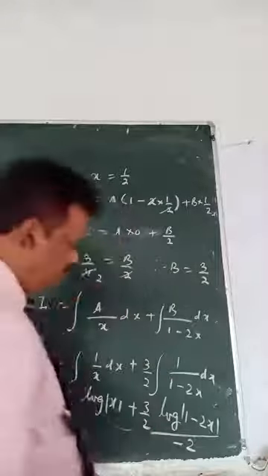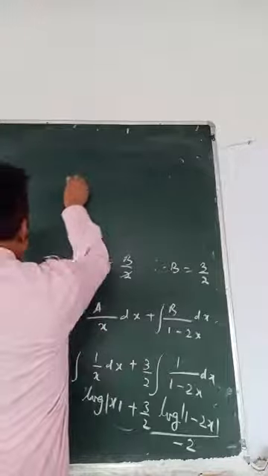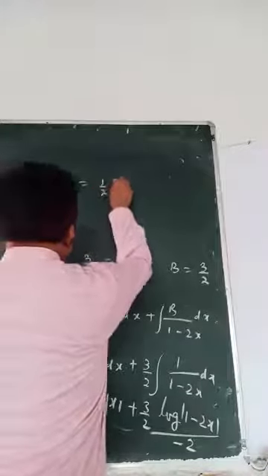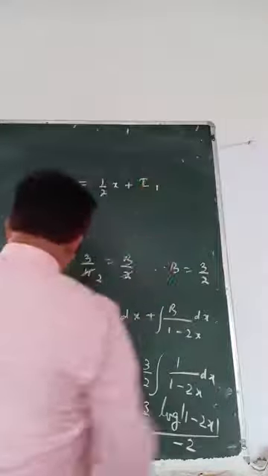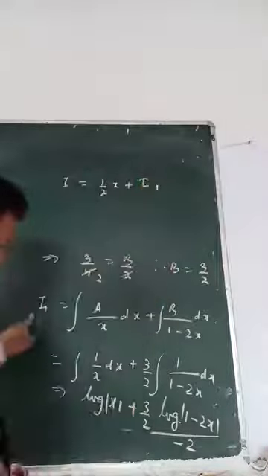So finally I equals, what is I? Half x plus I1. So this is your I1. So 1 by 2 x plus log x, plus 3 by 2 divided by minus 2, so minus 3 by 4, log of (1 minus 2x), plus a constant.